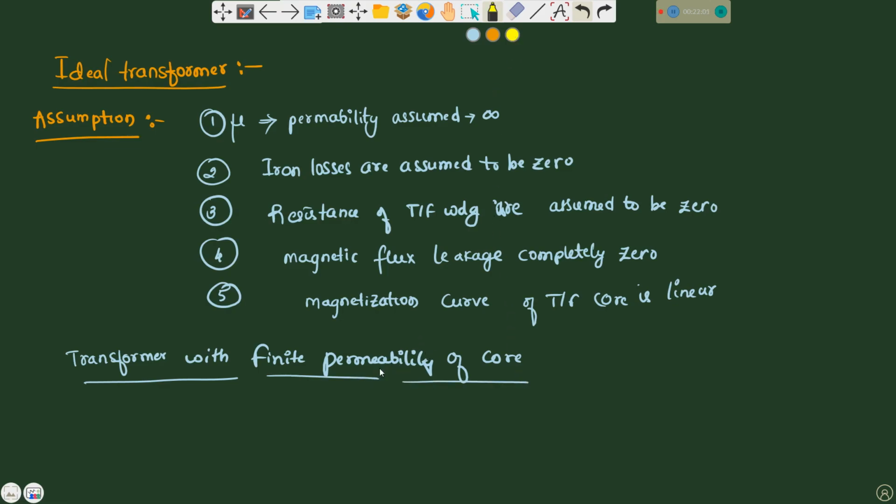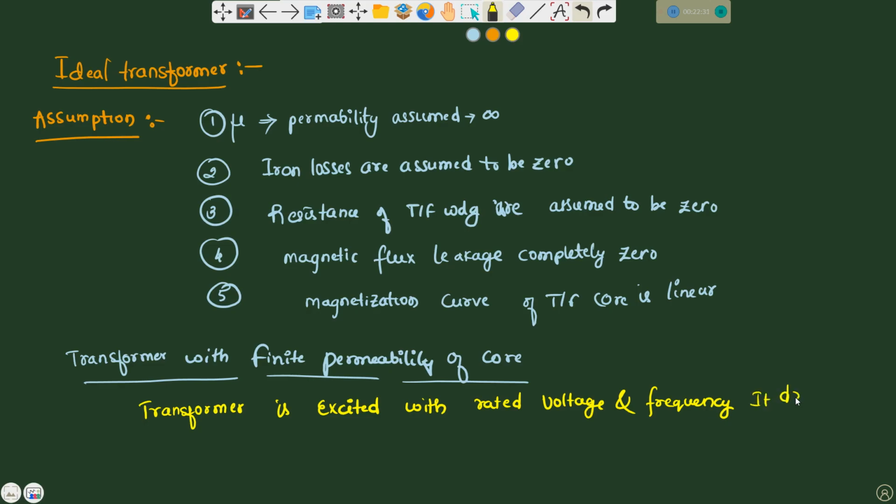When the transformer is excited with rated voltage and frequency, it draws an excitation current.